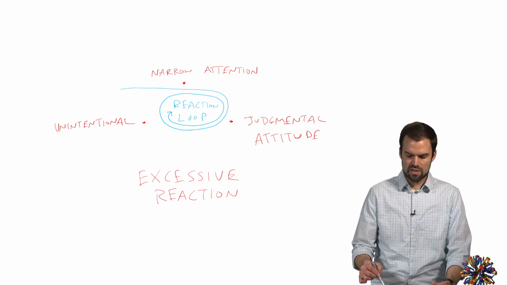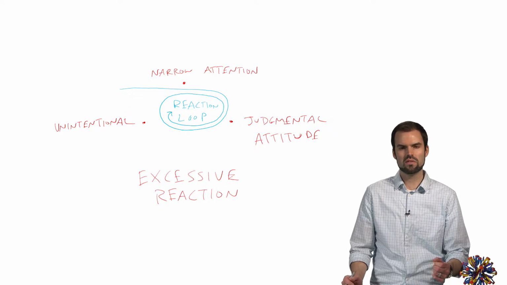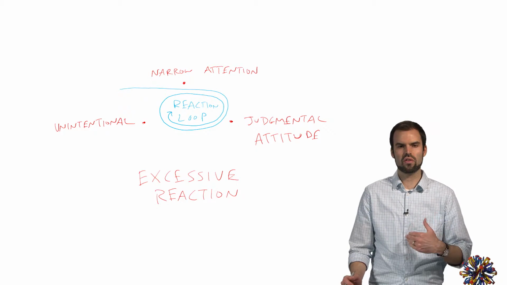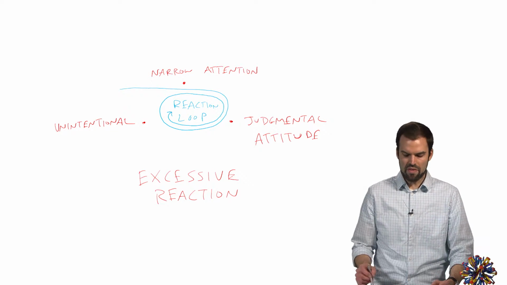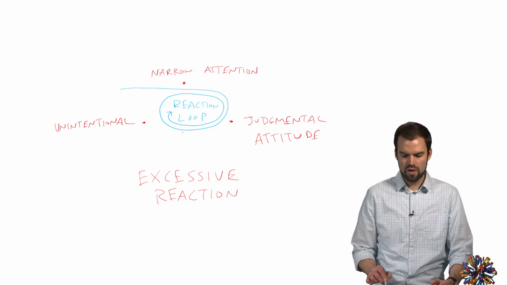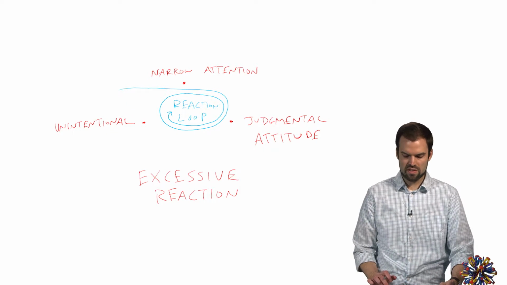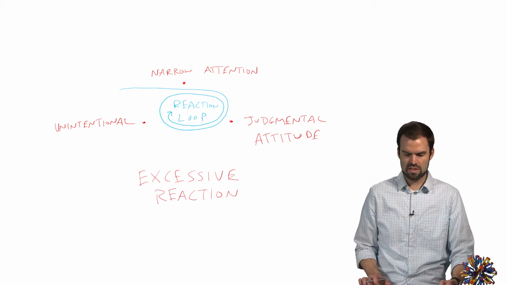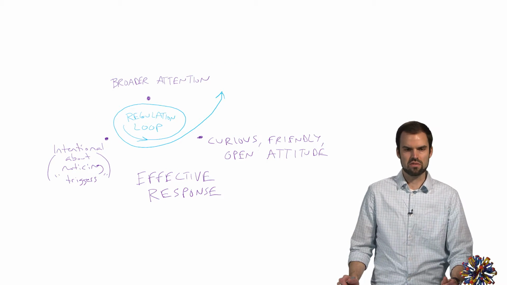And then from that narrow attention, it feeds into the attitude. And that attitude is one that's judgmental, self-limiting, often critical of ourselves or others or our team or our leadership. And then that feeds back again into that unintentionality. So then we move deeper and deeper into this chain reaction vortex or this loop or cycle. And this is the excessive reaction. It's out of proportion.